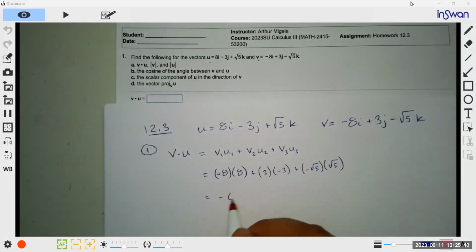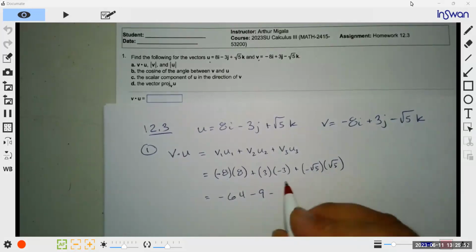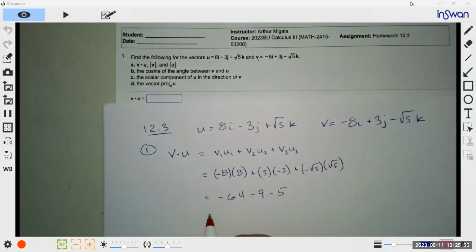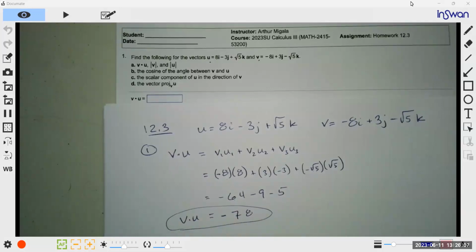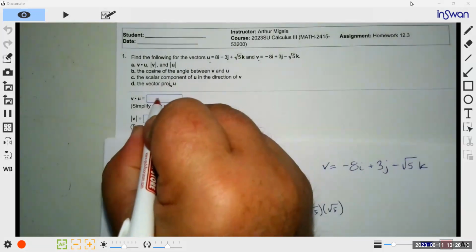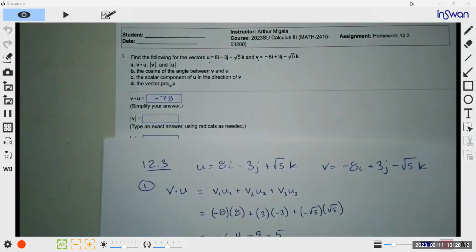So negative 64 minus 9, and radical 5 times radical 5 is simply 5. So v dot u is negative 78. So that's our first answer, negative 78.